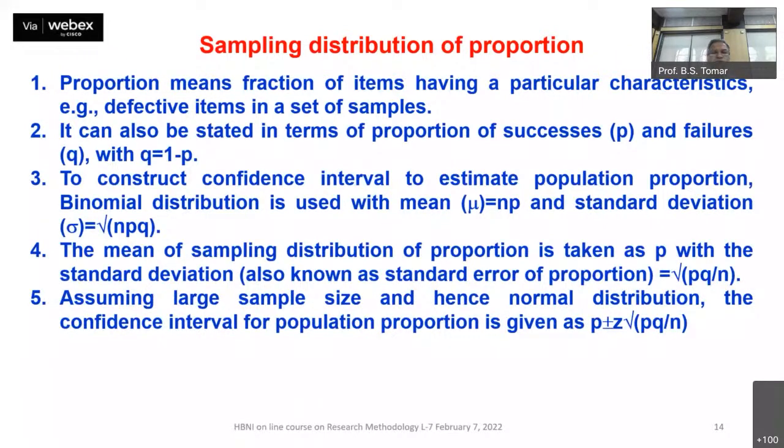Then there is another quantity: rather than the sampling distribution of mean, we have the sampling distribution of proportion, which is very useful when we do a survey or when we are doing measurements of discrete numbers in any sample survey or different types of discrete variables. So we say sampling distribution of proportion. Proportion means the fraction of items having a particular characteristic, like defective items in a set of samples.